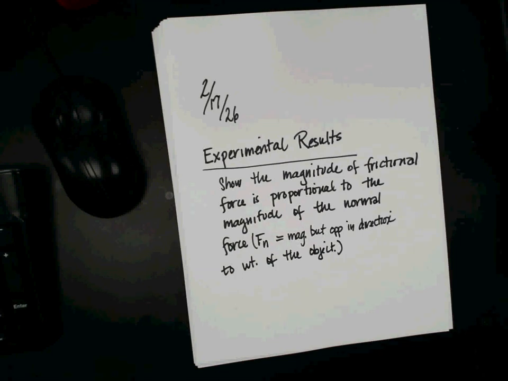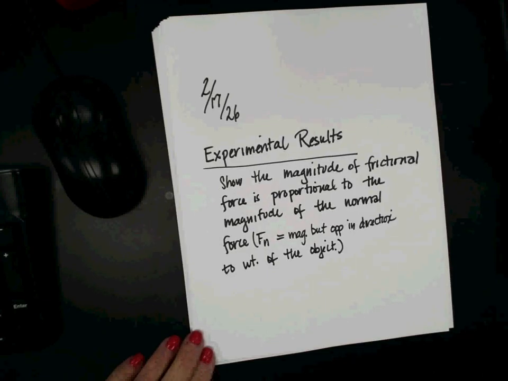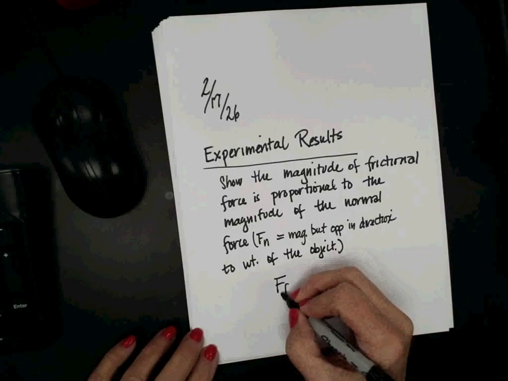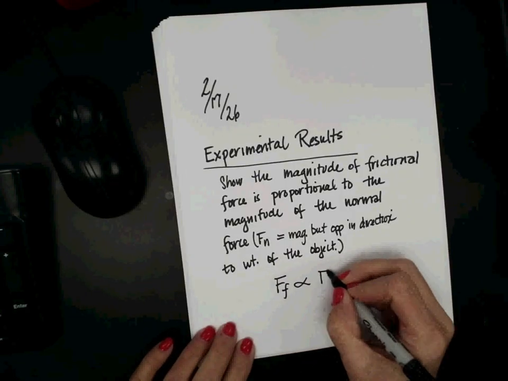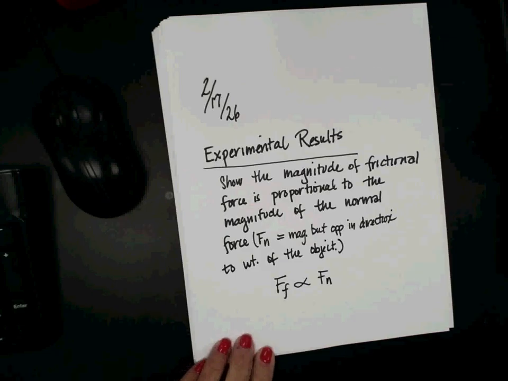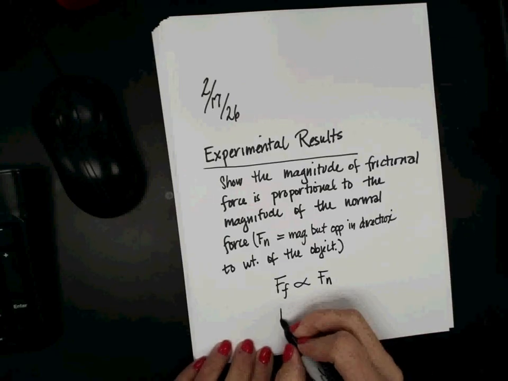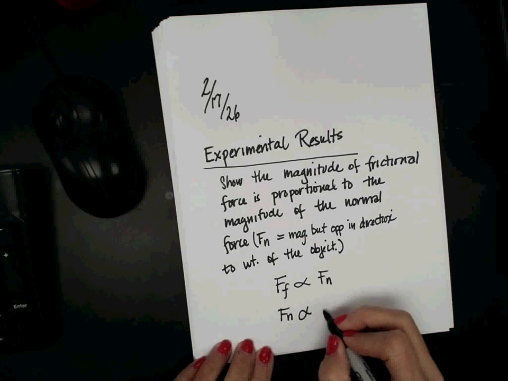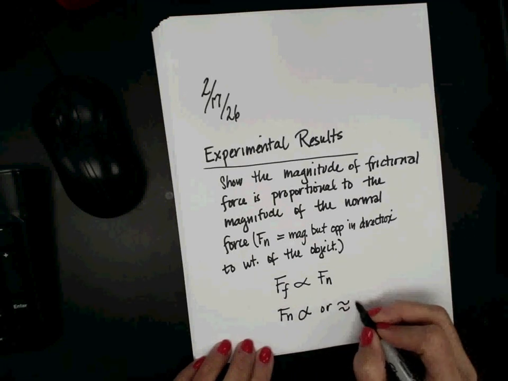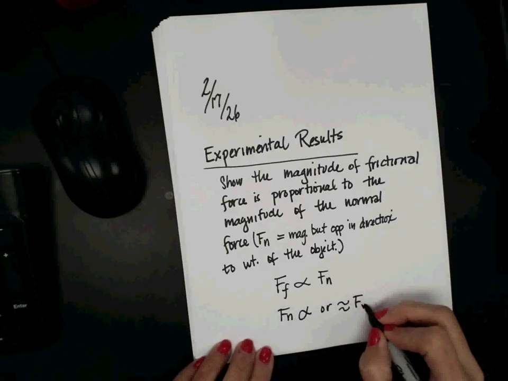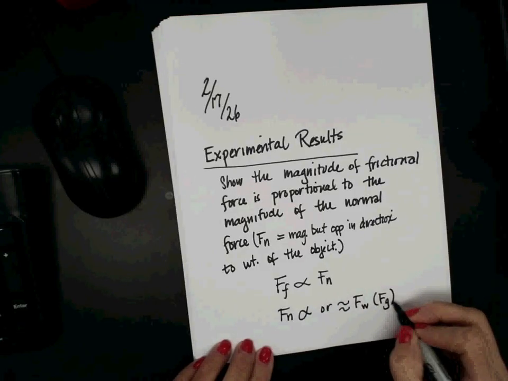which is one of the things that we talked about when we talked about what are the two things that cause friction. The first one that several of you answered was the weight of the object. And directly that is true, because the weight of the object is what determines the normal force on the object. So when I look at this, I can say that the frictional force is proportional to the normal force, and that the normal force is proportional to or indirectly equal to the force of weight, which we often write as Fg.